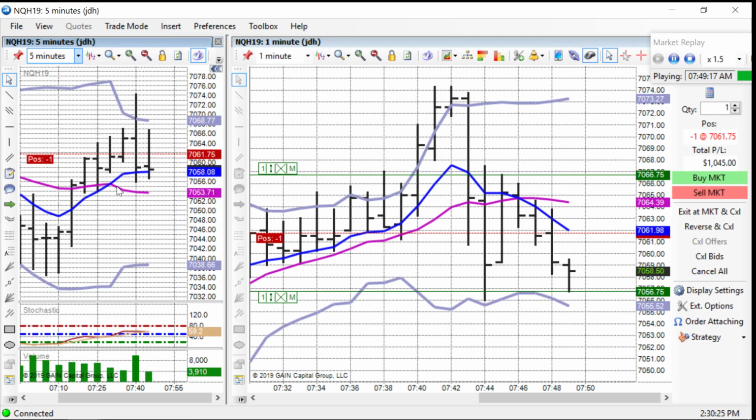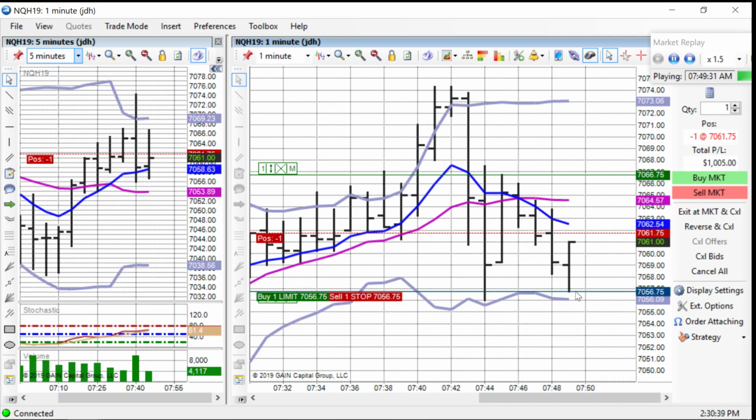Okay, this is where you hit a judgment call. Look at that, it comes right down, hits the target, and this is what it does in reality too. It'll hit that target exactly where you have your target, and you're going to be kicking yourself, oh, I didn't get out there.